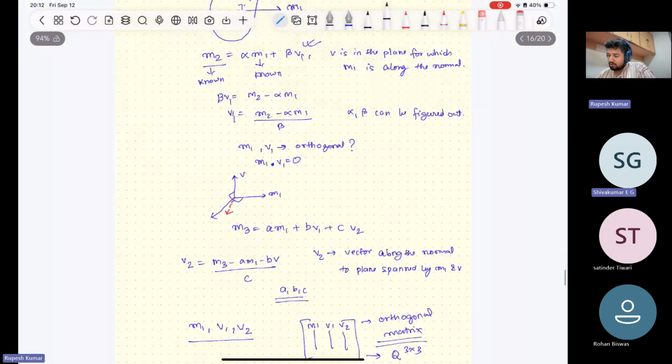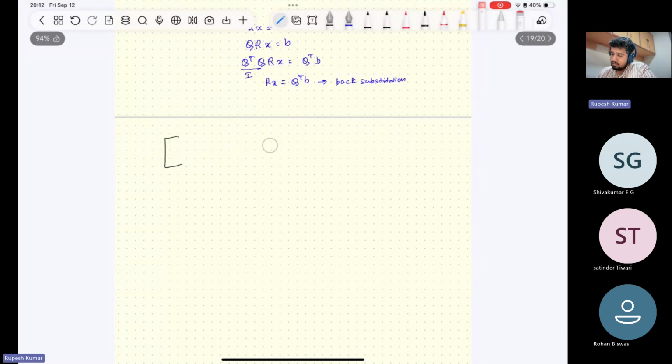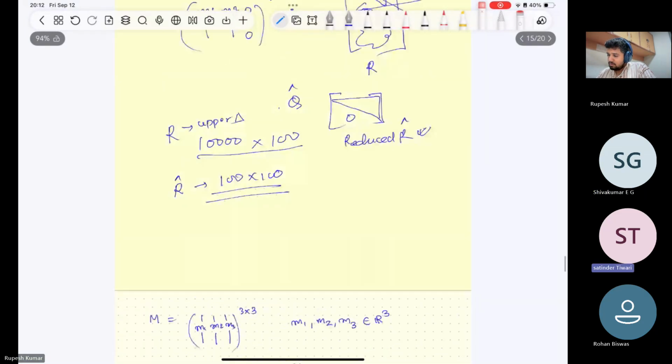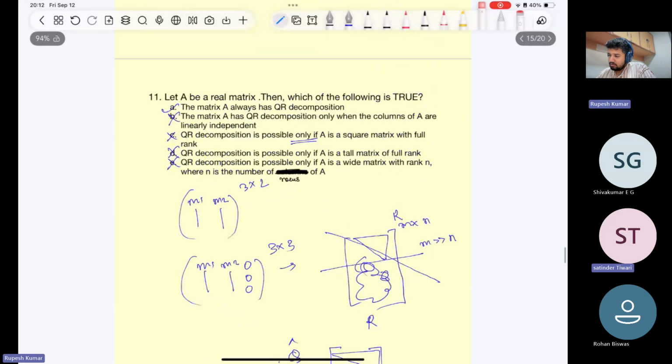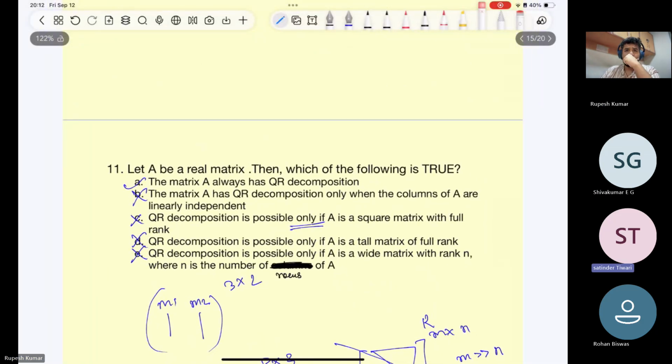Okay, is the doubt cleared? I have a small doubt. If the matrix A comes out to be orthonormal, then QR decomposition is possible.